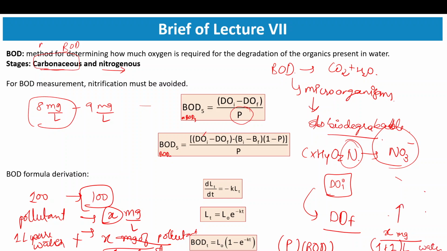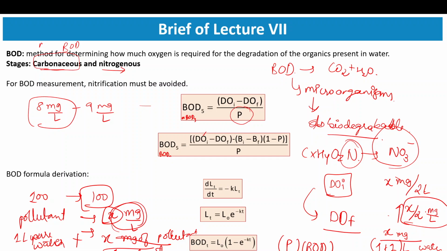So now the X milligrams is present in 2 liters of water. So the final concentration is what? Earlier the concentration was X milligrams per liter. Now the concentration will be X by 2 milligrams per liter. Now this is known as dilution, right?